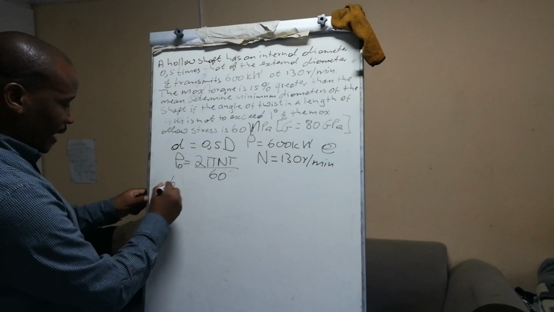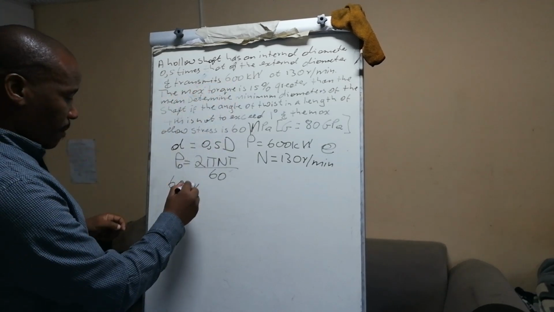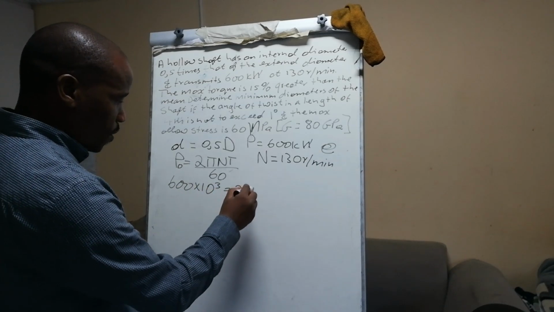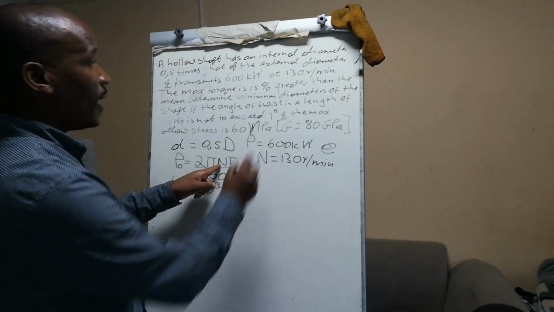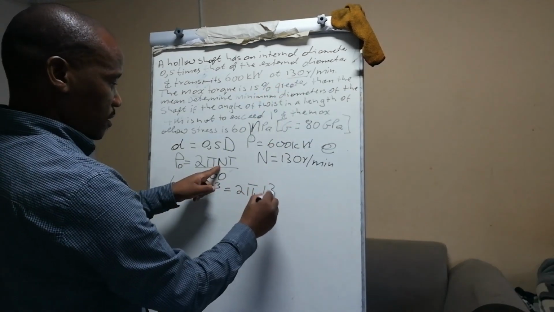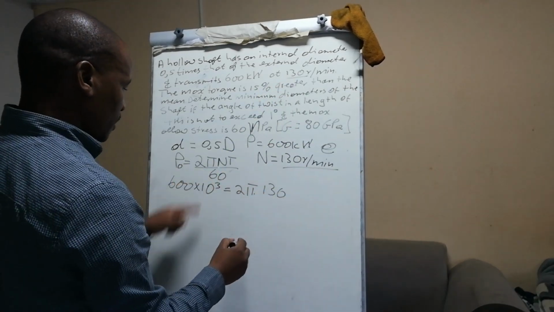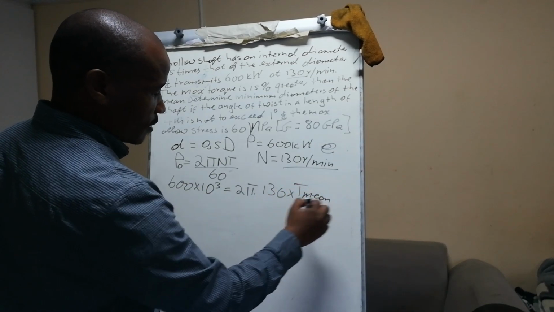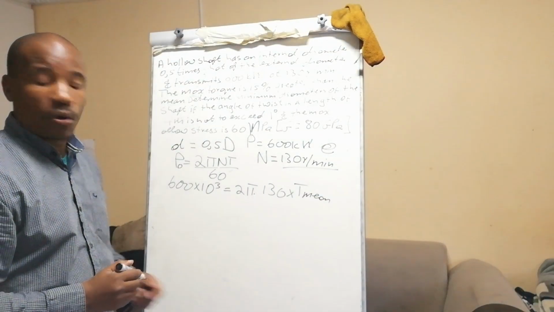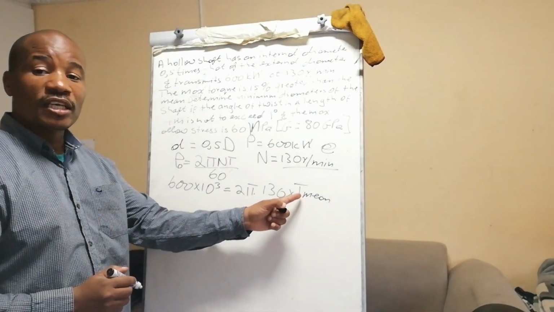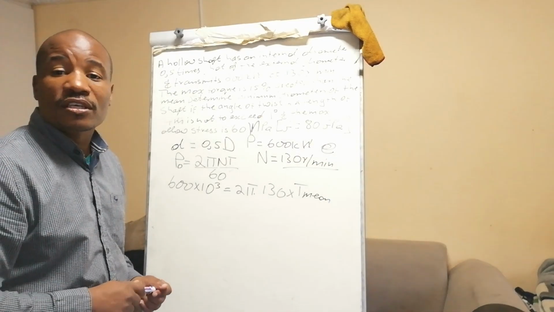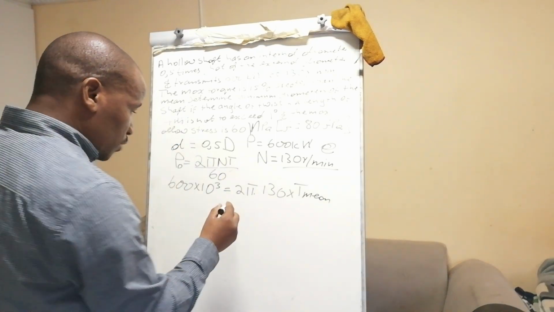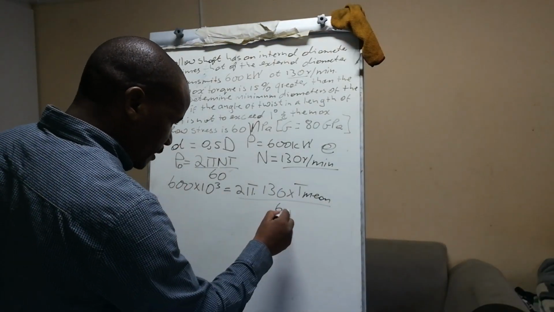So this is 600 given, multiplied by 10 to the power 3, equal to 2 pi multiplied by 130 multiplied by the mean torque, the torque which the shaft is subjected to during load conditions, divided by 60.